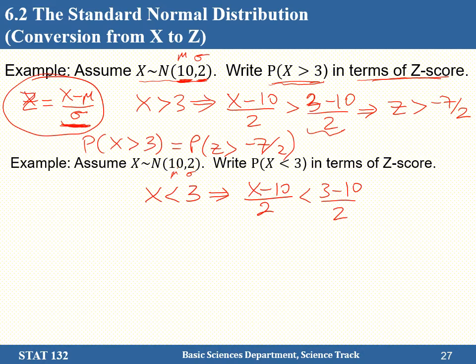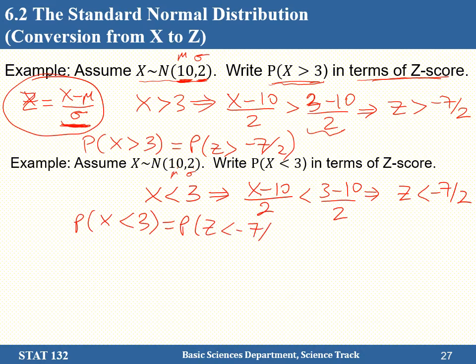And this time we will get Z less than negative 7 over 2. So in this case, the probability that X is less than 3 is equal to the probability that Z is less than minus 7 over 2. So you see the difference between these two.